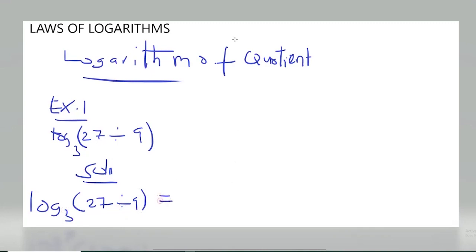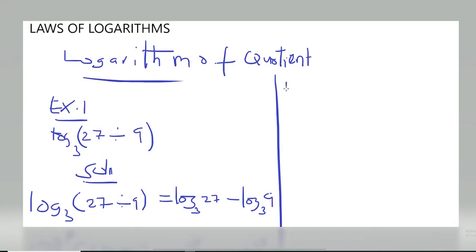This is equal to the logarithm of 27 to base 3, minus the logarithm of 9 to base 3. Now find the exponent value of each. We know base power exponent is always equal to the number.